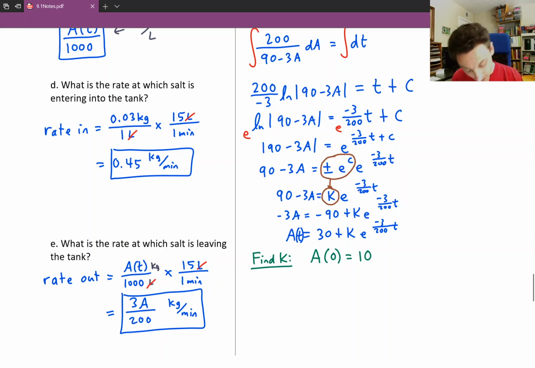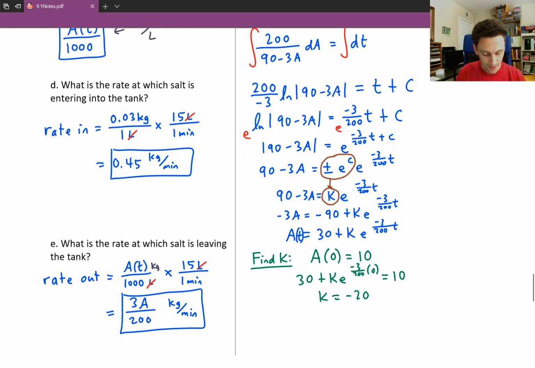If we use our amount of salt function so far, we have 30 plus k times e to the negative 3 over 200 times 0 equals 10. Solving for k, you get e to the 0, which is 1, so this becomes k, and then you subtract 30 over and you get k equals negative 20.